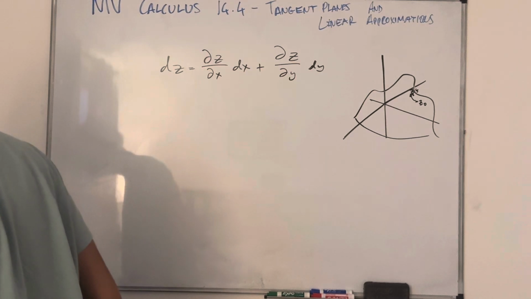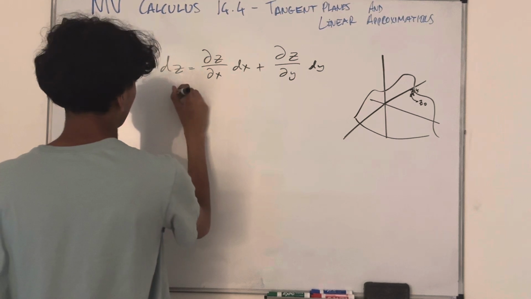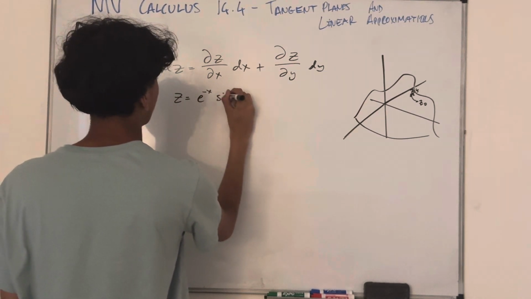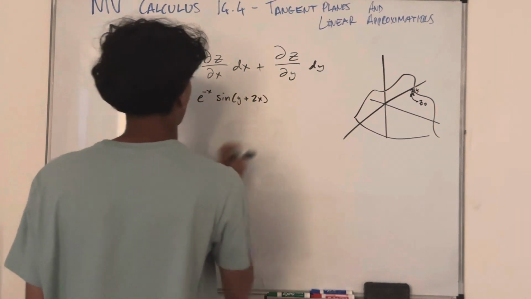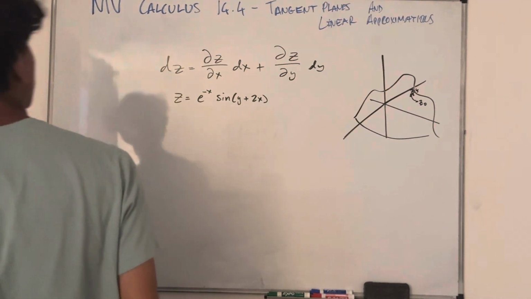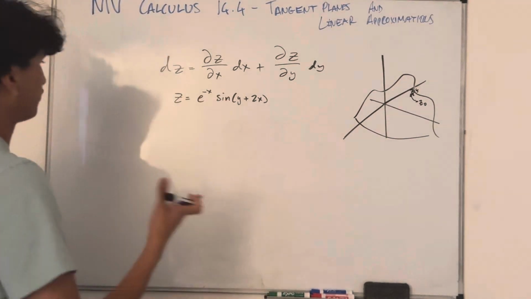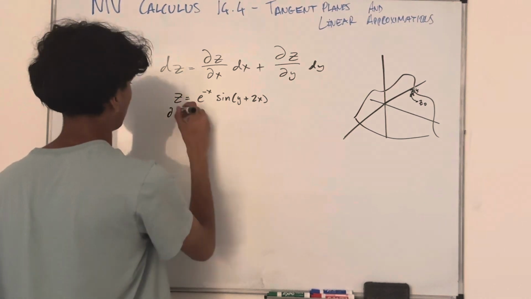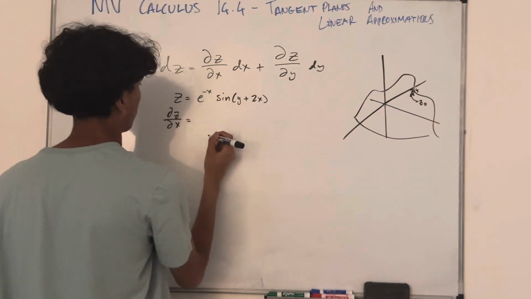So let's do z equals e to the negative x times sine of (y plus 2x). Yeah. So let's find the differential dz for this function. For partial z partial x, we're going to have to use the product rule here.